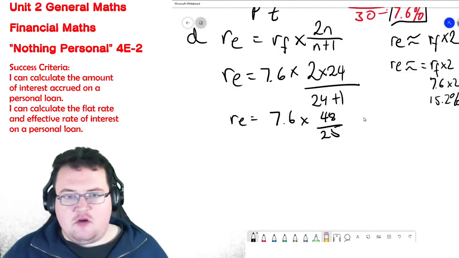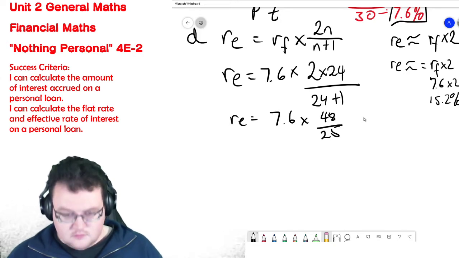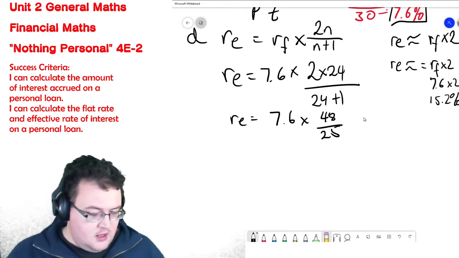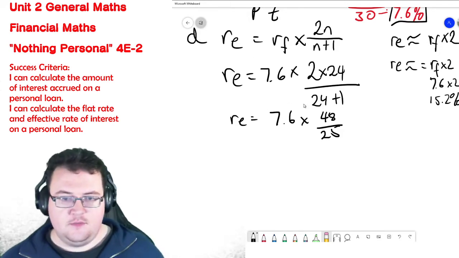And if you use your calculator, 7.6 times 48 divided by 25, you get 14.592.